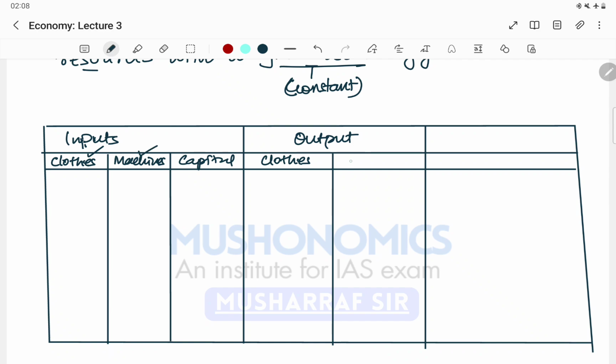And here we are talking about output. So capital, clothes, machines. Then we are having here the column for marginal opportunity cost that we'll talk about.